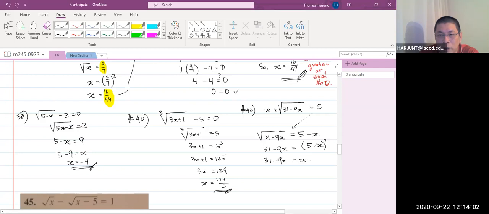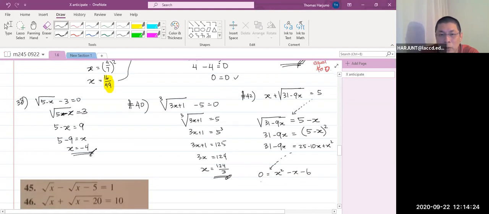This is 25 minus 10x plus x squared. That will be, let me shift that further to the left, 0 equals x squared minus x minus 6. So I get x minus 3, x plus 2, or x equals 3, x equals -2.